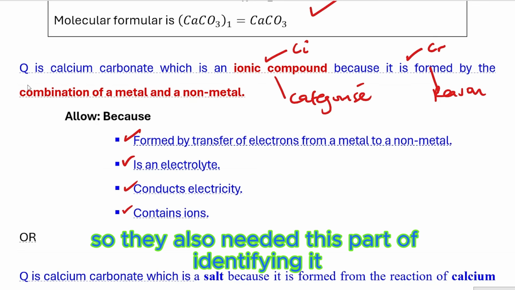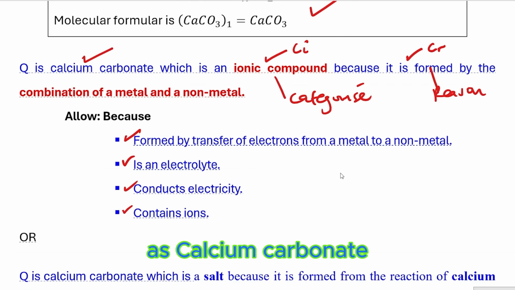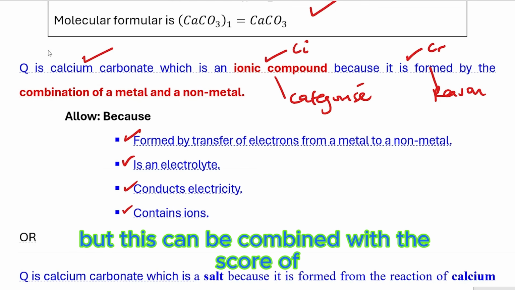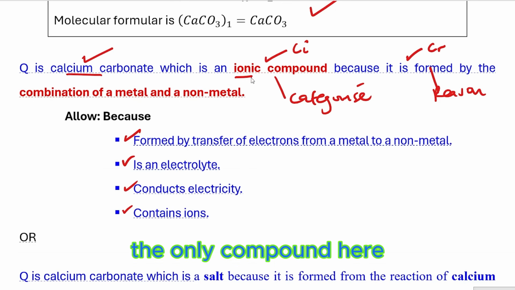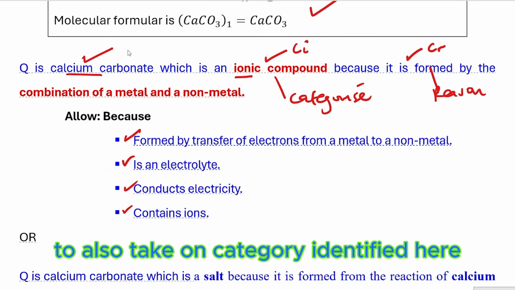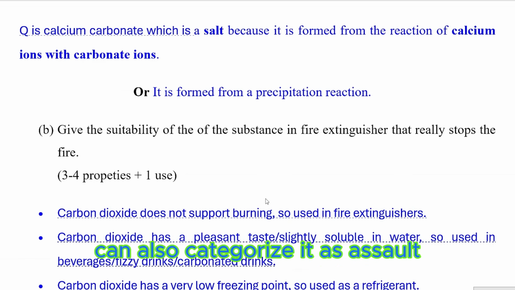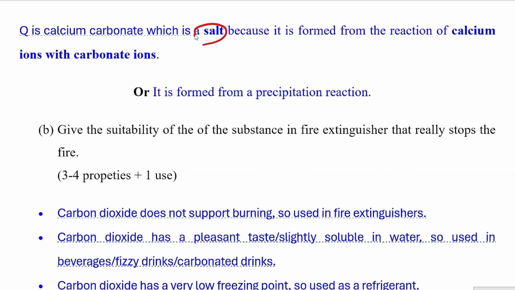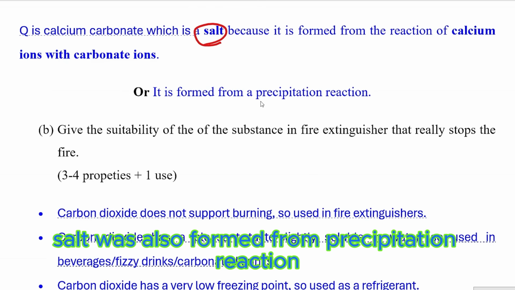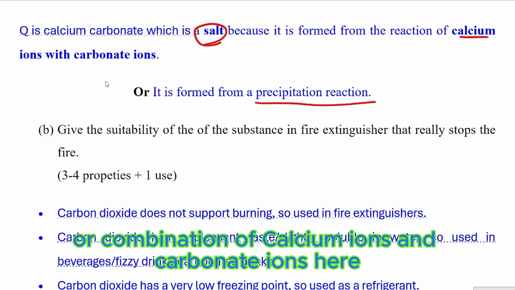They also needed this part of identifying it as calcium carbonate, but this can be combined with the score of the ionic compound to also take on the category identified here. Now there are various ways of categorizing. We can also categorize it as a salt, then give the reason: it's an insoluble salt, formed from a precipitation reaction or combination of calcium ions and carbonate ions.